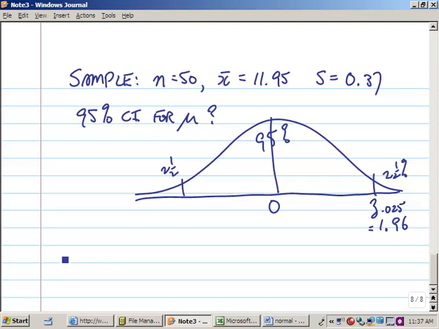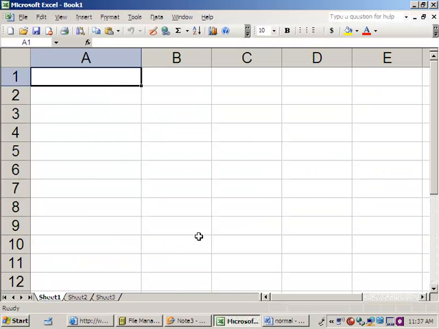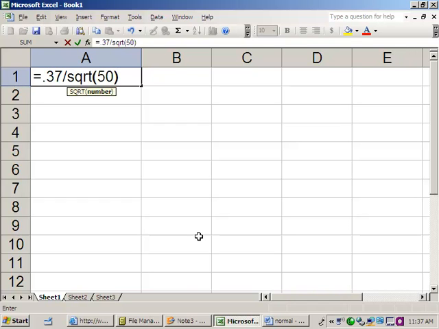Before we do that, let's calculate S of x bar, S divided by the square root of n. It's the estimated standard deviation of the distribution of x bars. S is 0.37 divided by the square root of 50, and for significant places, 0.05233.